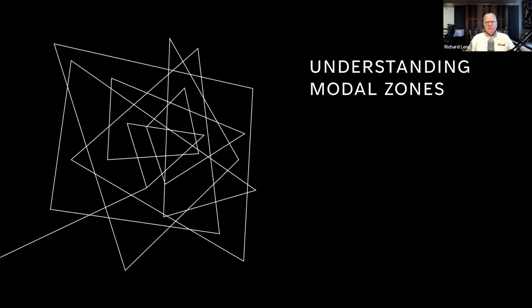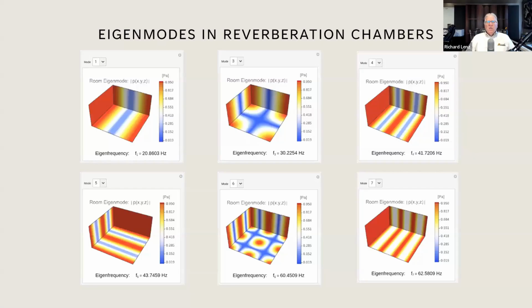So it's about understanding modal zones. Everybody understands, for the most part, that when we talk about low frequencies, we're talking about modes and how to control the modes in a room. As an example, we did a modal visual of our lab here at RealAcoustix, at the various frequencies.